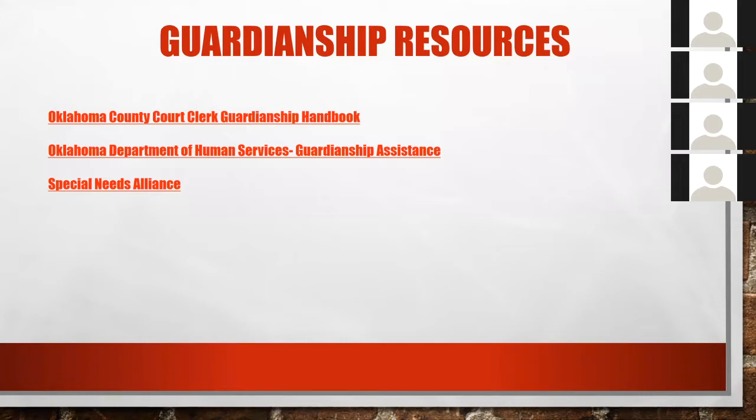Also, the Oklahoma Department of Human Services has a guardianship assistance program that's available for only select individuals, but that has some information. And then there's also the Special Needs Alliance that might have some useful information. So I would start there. If you have additional questions, you can always contact me and I can provide some additional resources.